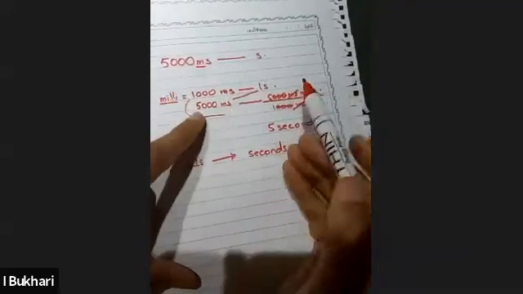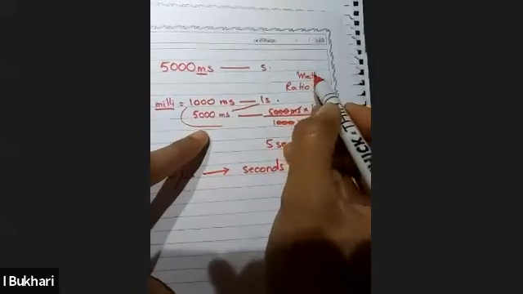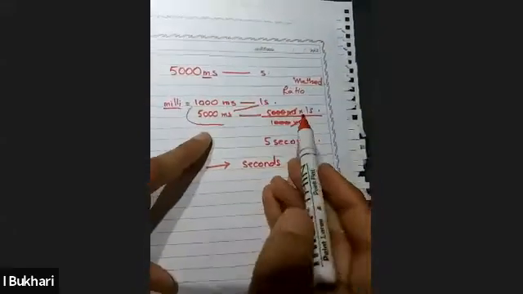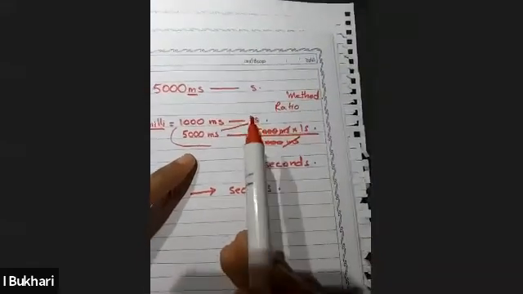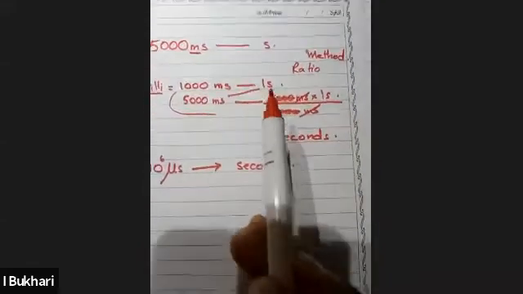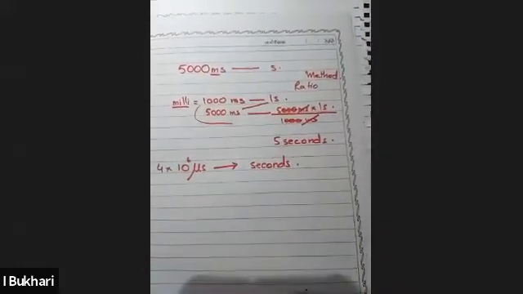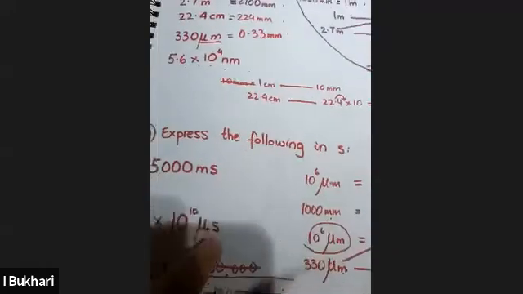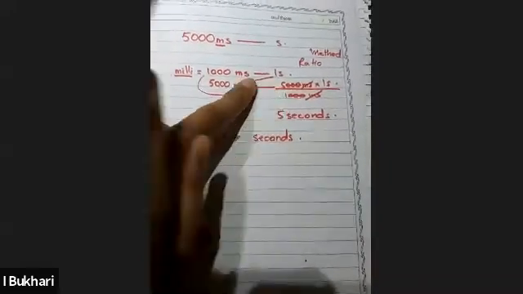I am using my ratio method, which I just taught you. In unit conversions, the right hand side should have the unit that you want your final answer to be in. You want your final answer in seconds, because the question says express the following in seconds. So seconds will be written on the right side.